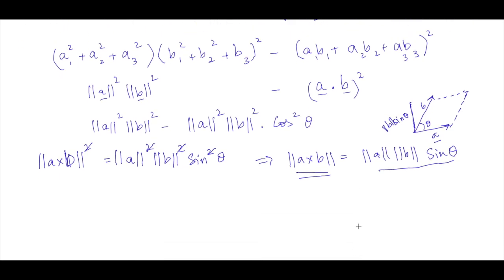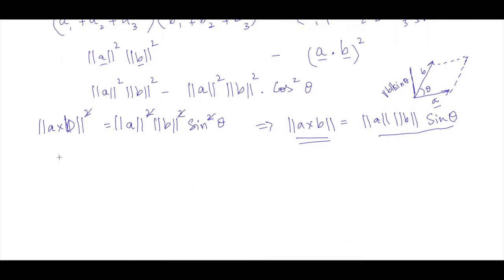Okay, now before we finish, let's do an example here. If we want to find the area of a triangle whose coordinates are given by 1, 1, so now we talk about 2D, and then 0, 2, and the third one is 3, 0.